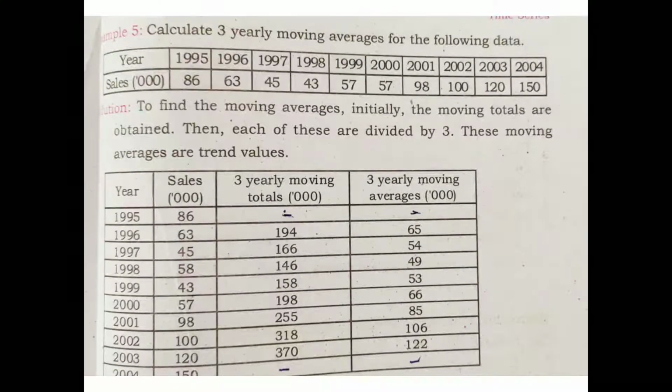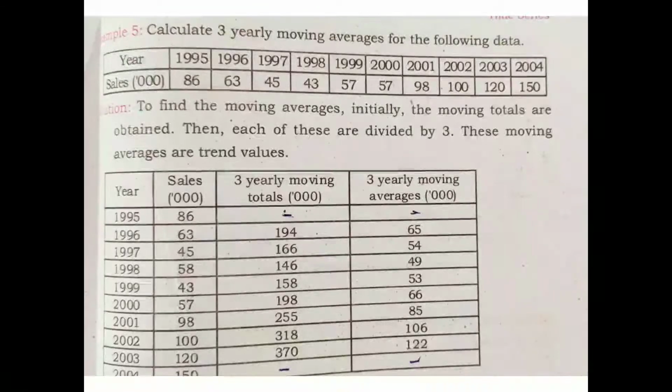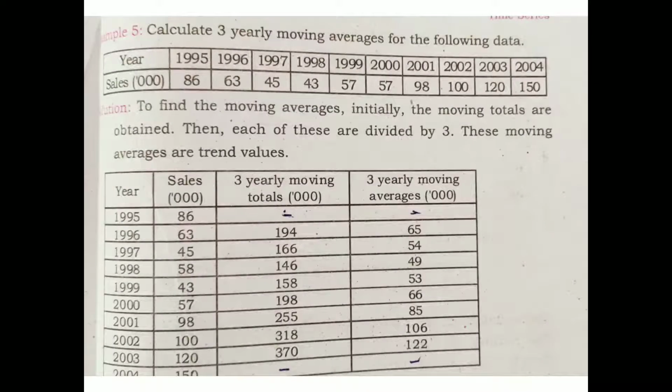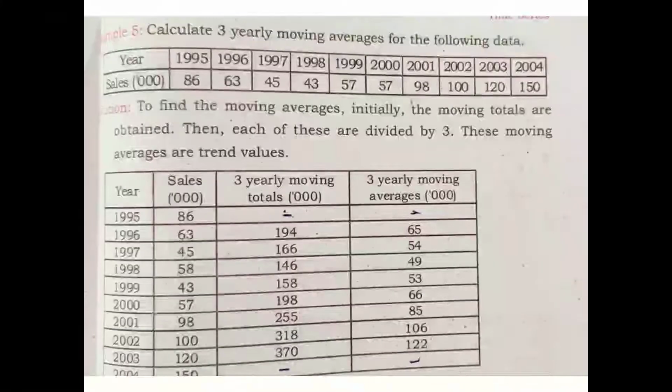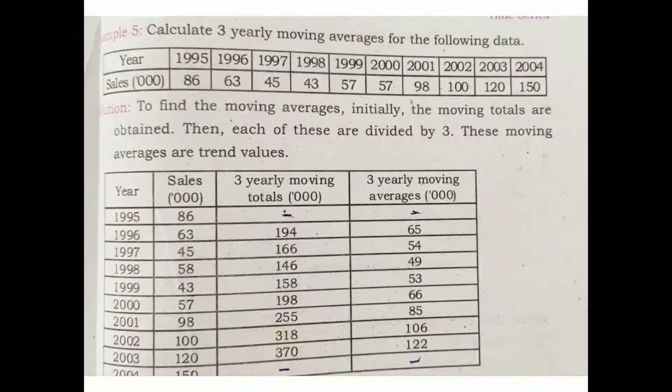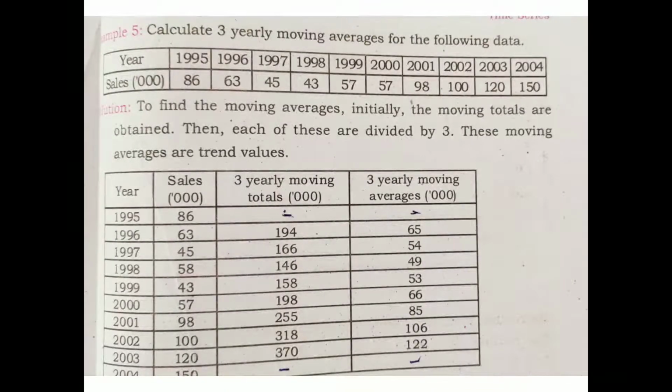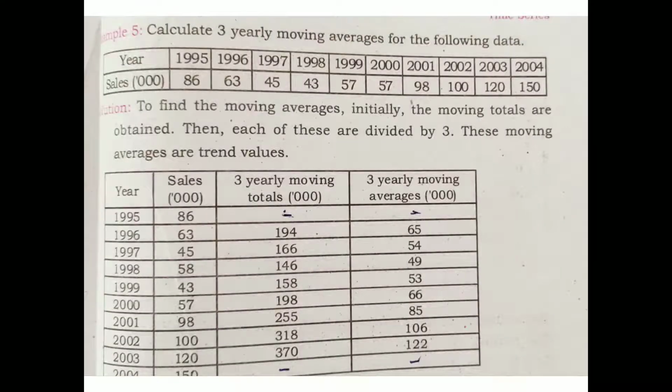First add these 3: 86, 63 and 45 give you 194. Where to write this 194? You write it in the middle of these 3 data. The middle is 63, so in front of 63 you write the total.